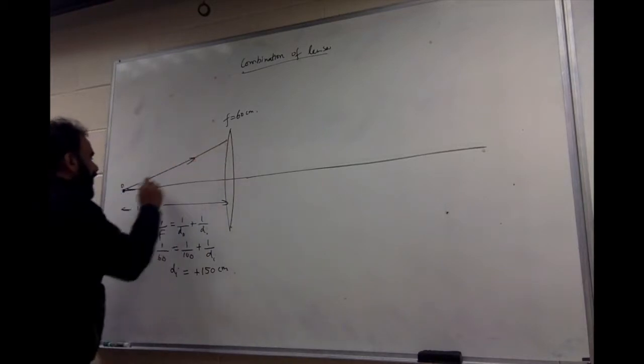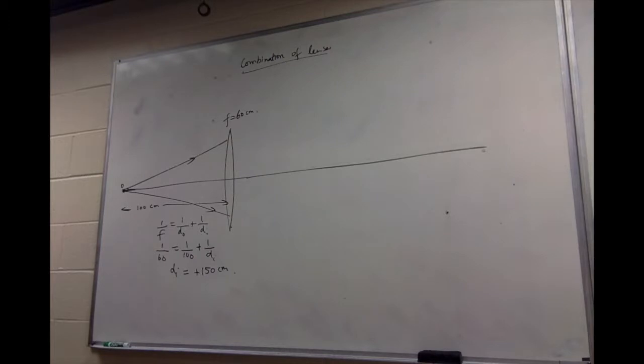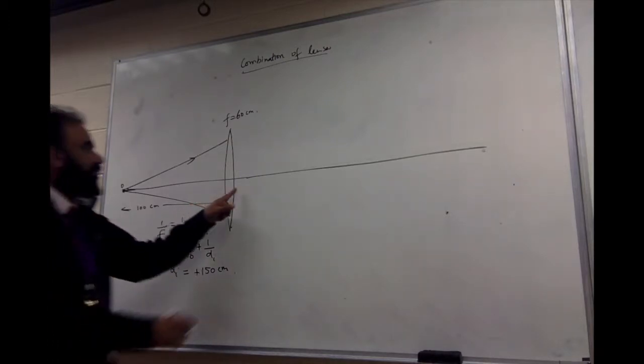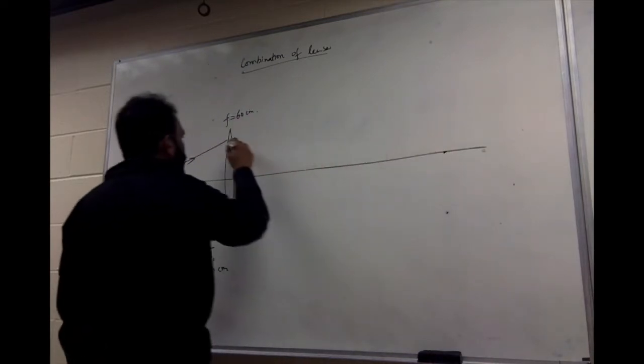The rays that go from here, see, I'm drawing two rays, just a symbolic representation. And where is it supposed to hit? 150 centimeters away, which should be somewhere here.